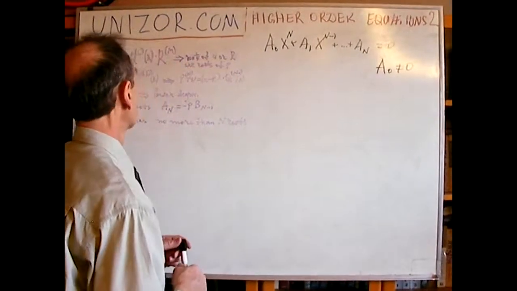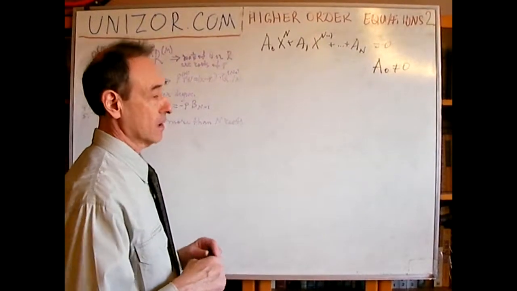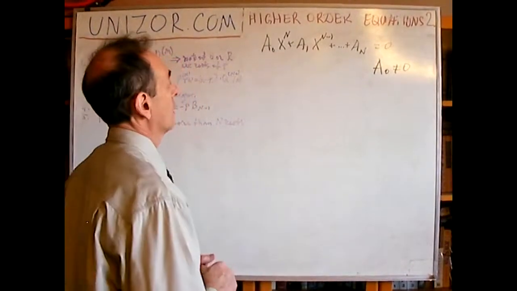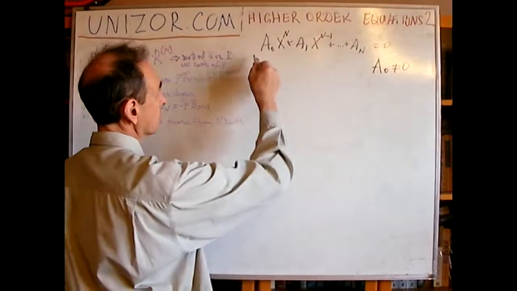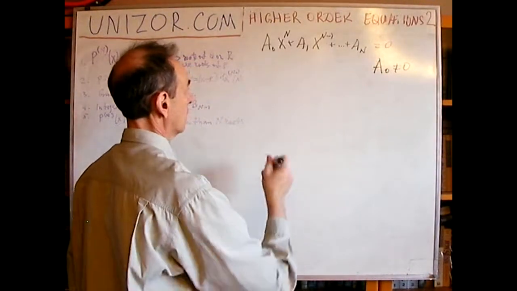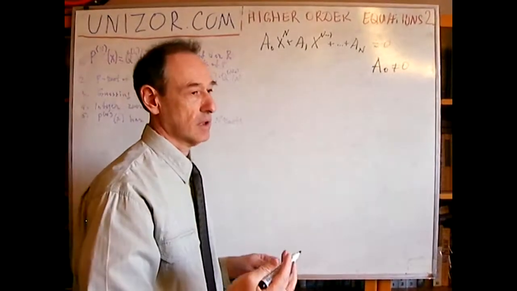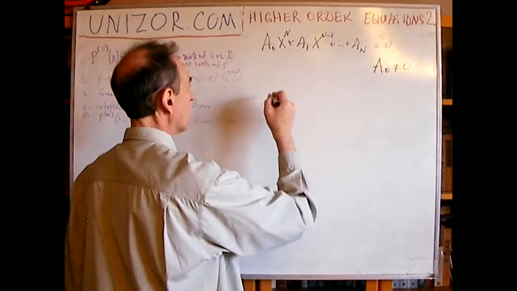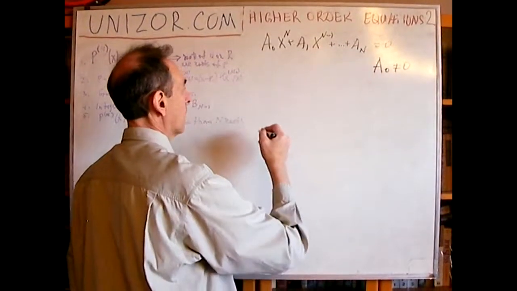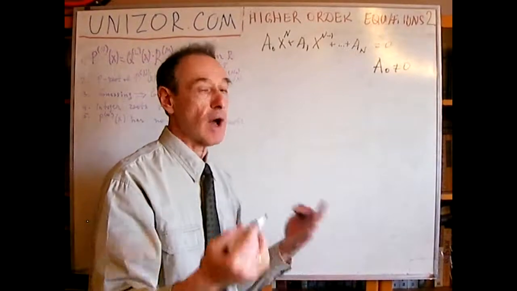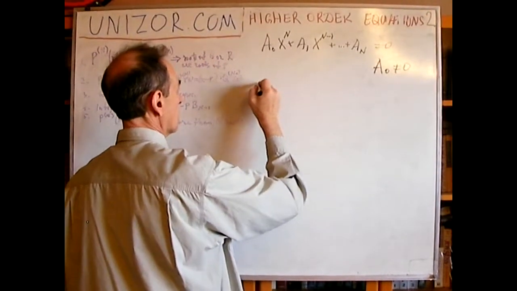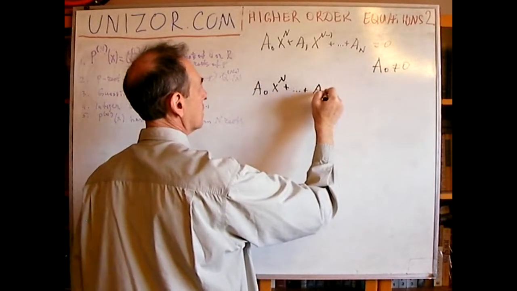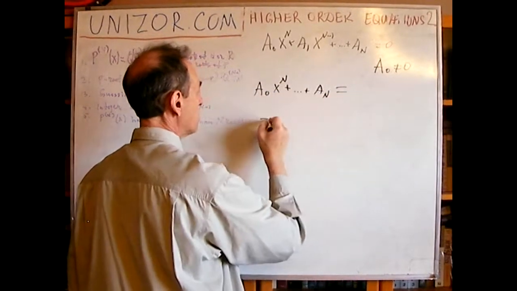All right. So the first thing which comes to mind is the following. Let's assume that this particular polynomial, which for brevity I can just call a polynomial, with coefficients a0, a1, etc., can be represented as a product of two other polynomials. So a0 x to the n plus etc. plus an.